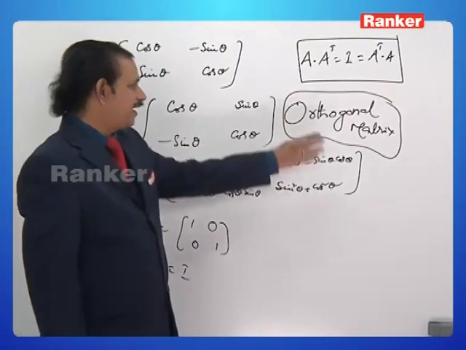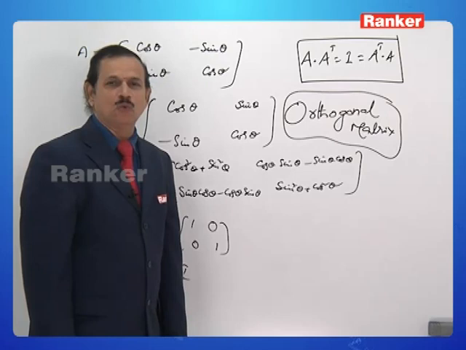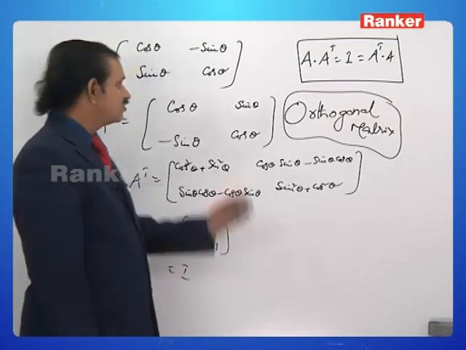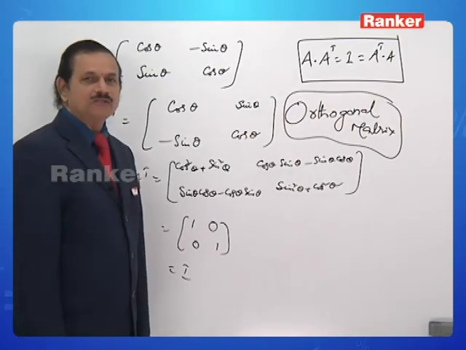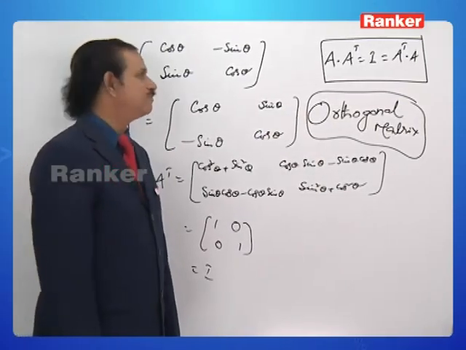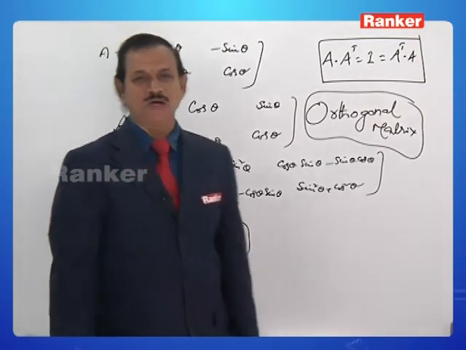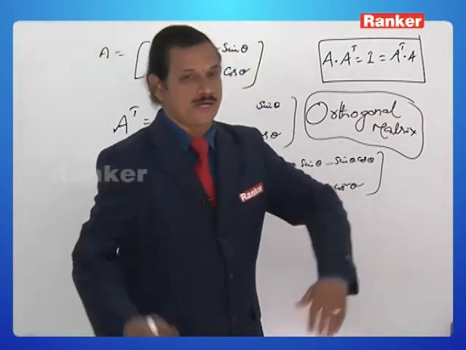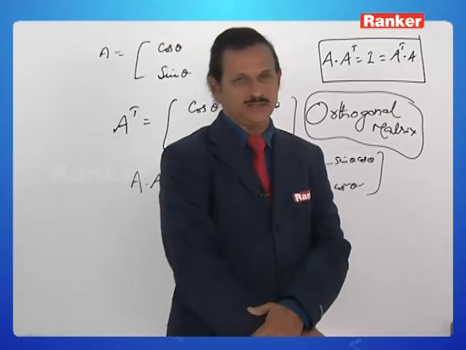Actually, this must be the heading. I thought that you can understand well if I show one example. By means of this example, I could have established this definition. So it is possible to observe such matrices A such that A into A transpose is equal to I is equal to A transpose into A. And this can happen in the case of a square matrix only.